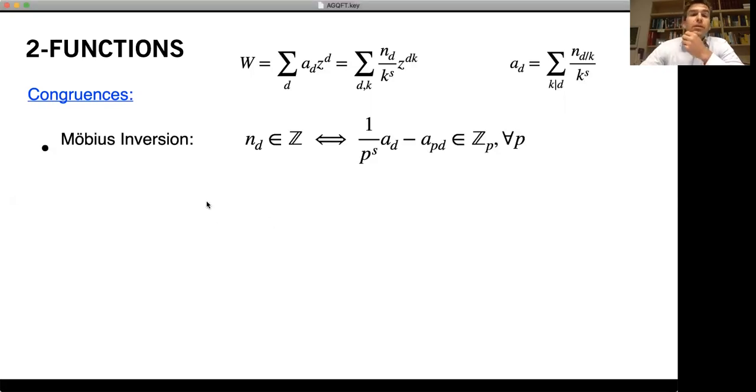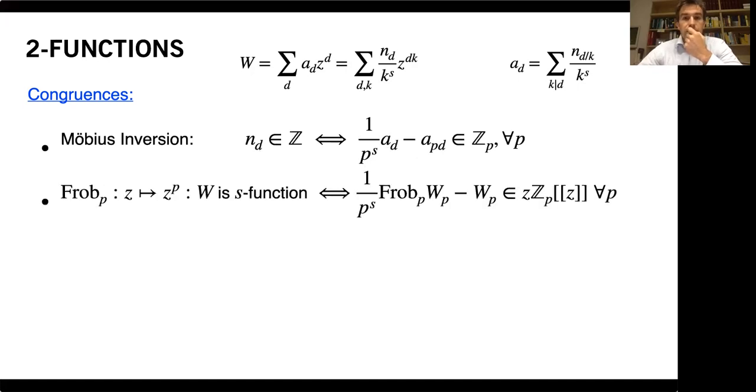If you have these two different ways of expanding this function as a formal power series, you can invert this using Möbius inversion, and then you see that that's actually equivalent to a congruence like this. So the dth coefficient and the pdth coefficient, you divide one by p to the s, and then you get something which is integral at p. So that's equivalent to all the n_d being integers. Okay, that's not hard to see.